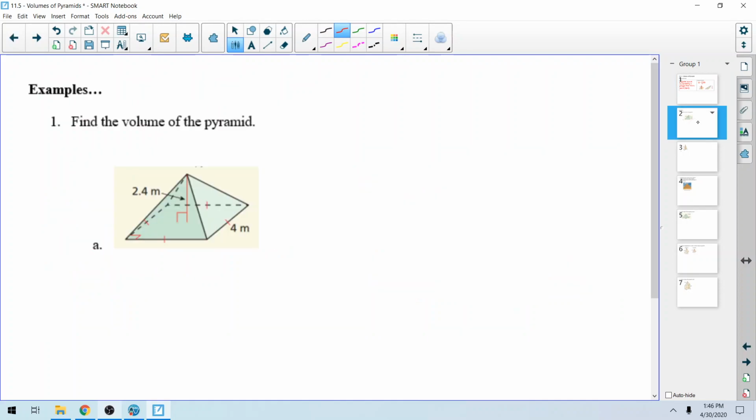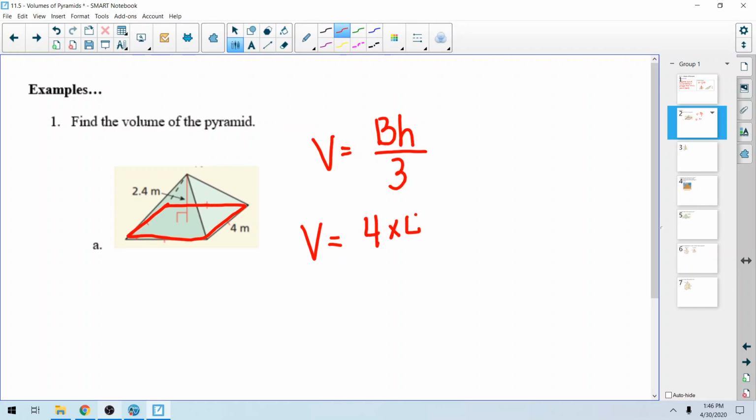Example number 1. Find the volume of the pyramid. So, volume, area of the base times the height divided by 3. The base of our pyramid, it looks to me, is a square. So the area of a square, 4 times 4, times the height from center down is 2.4.